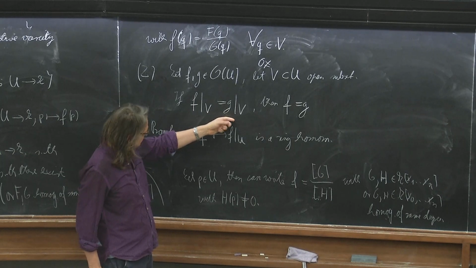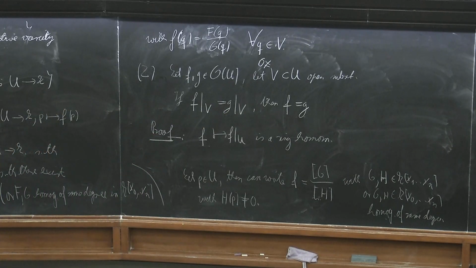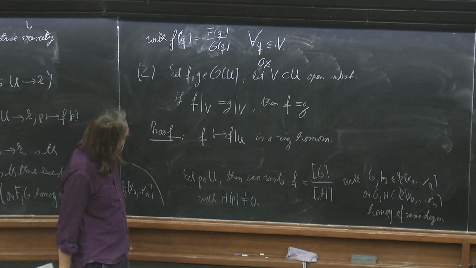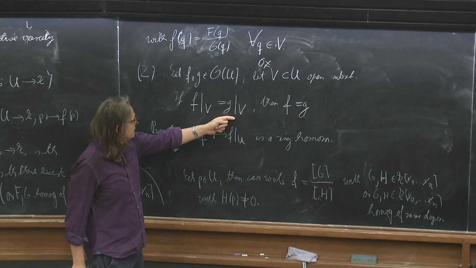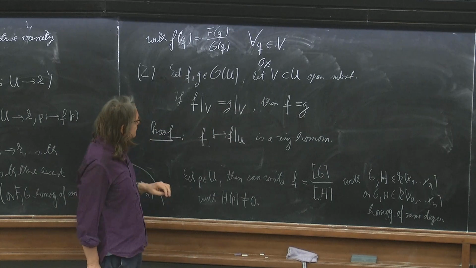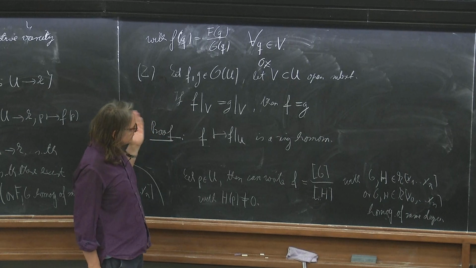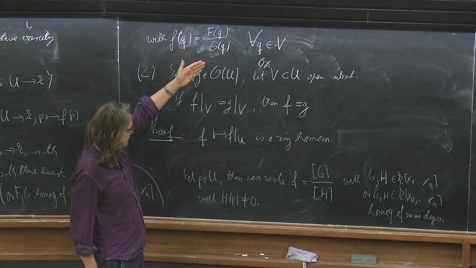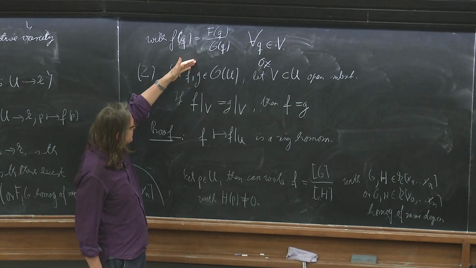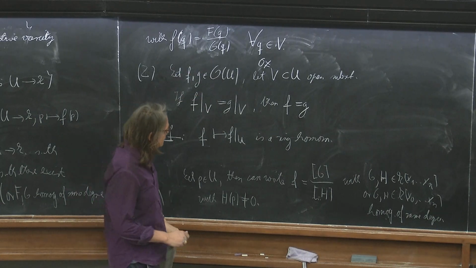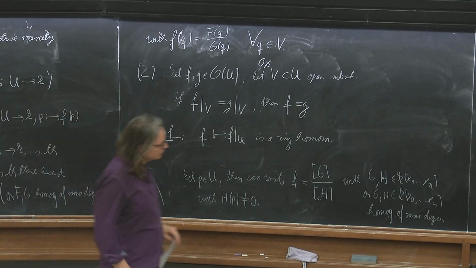And if they are in O(V), they define the same function. So therefore, on V they define the same function. So they are the same elements of O(V), but O(V) is just a subset of K(X). So they define the same element in K(X), and so they define the same element in O(U). Okay, anyway, you can check it.